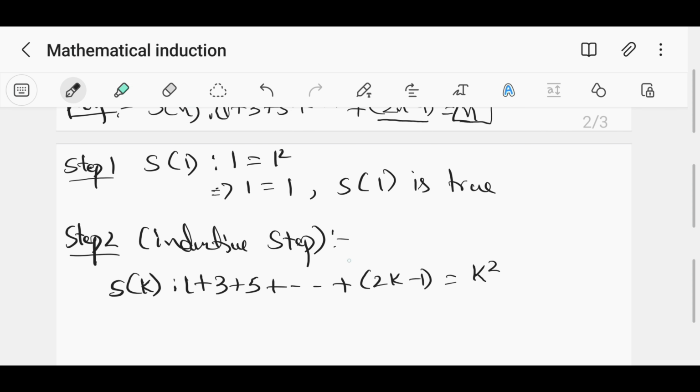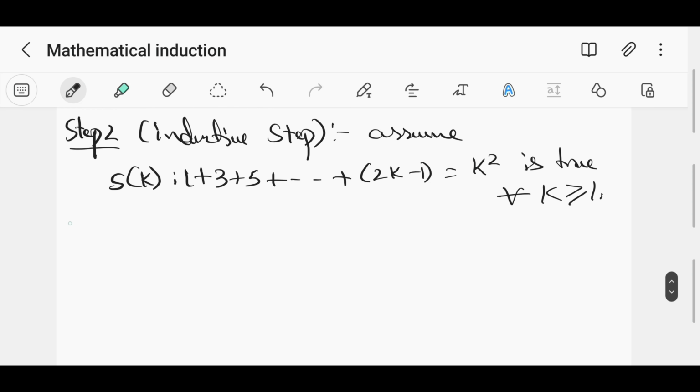So this is your assumption step. So in the induction step, you're assuming S of k, this term is equal to k square, is true for all k greater than or equal to 1. This is step 2, that's all.